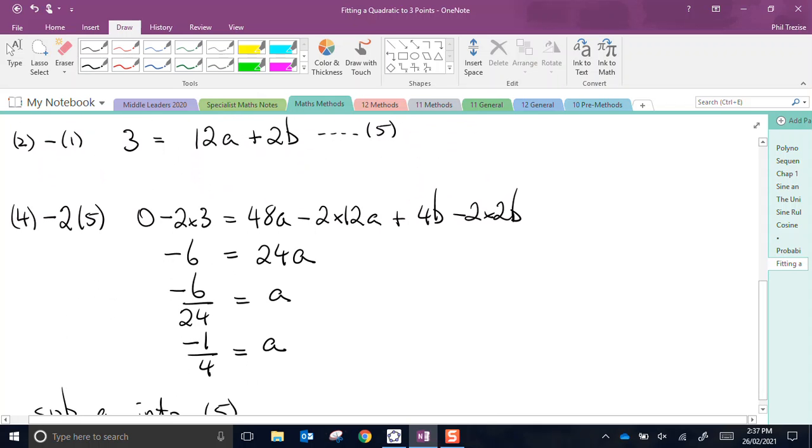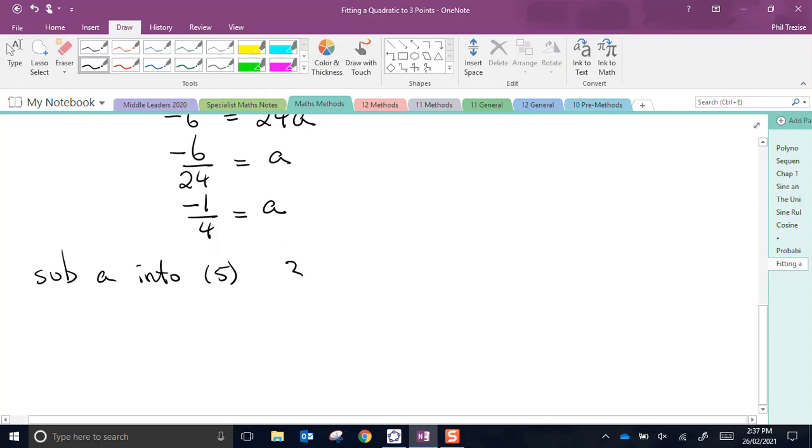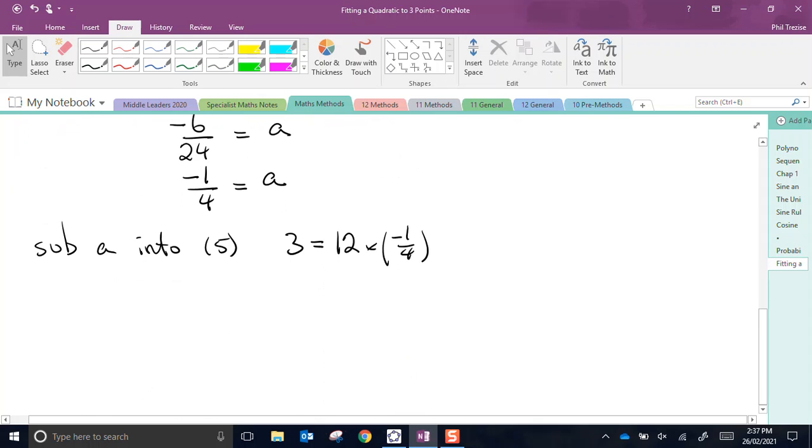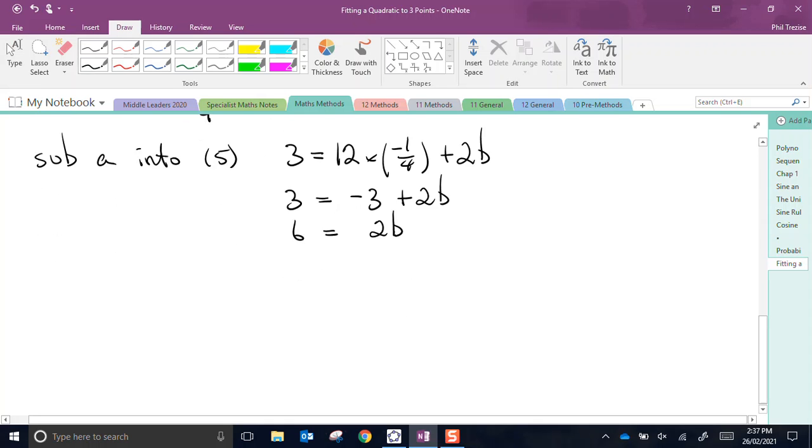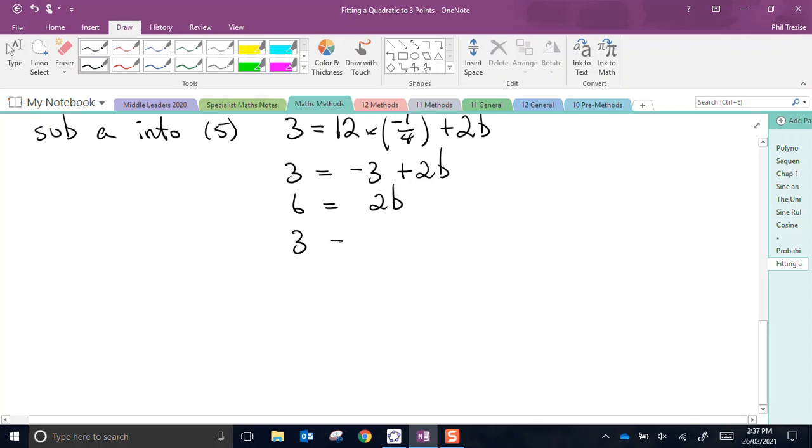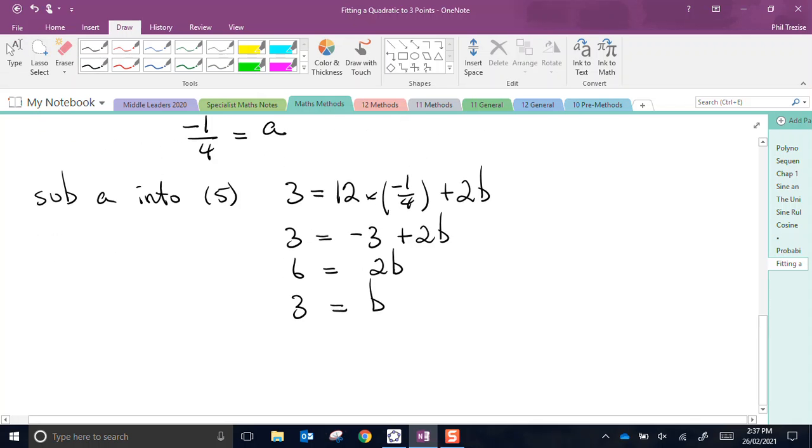Equation 5 read 3 equals 12a plus 2 times b, and of course a is going to be replaced with the value negative 1 over 4. Now 12 times negative 1 over 4 is negative 3. Adding 3 to both sides gives 6 equals 2b, and dividing 6 by 2 I find that b equals 3.